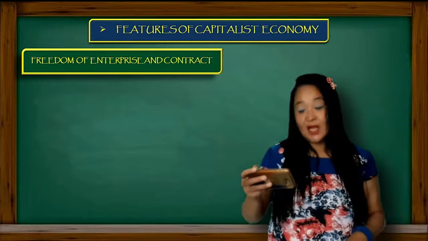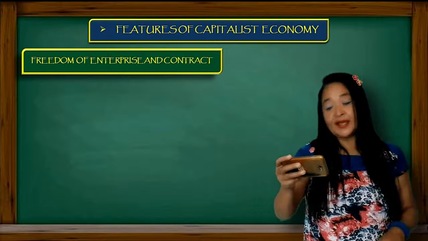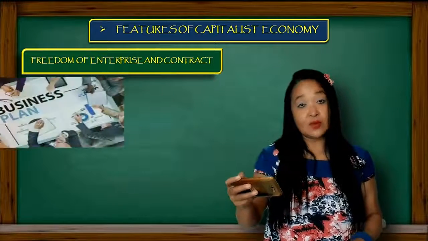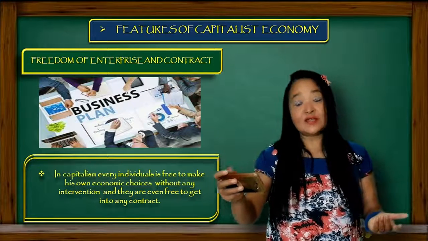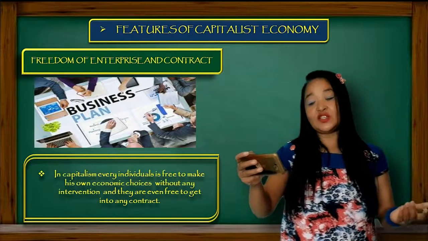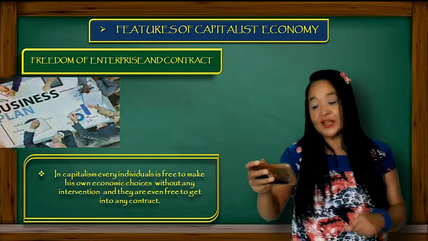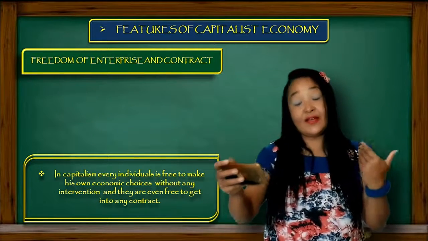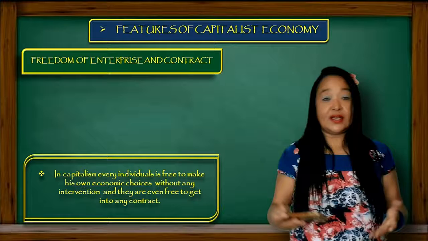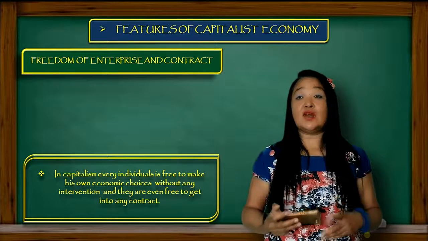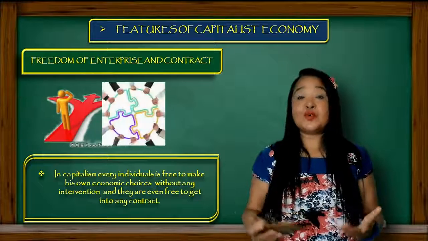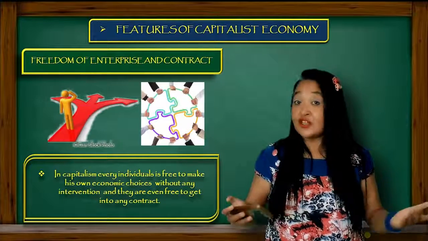The next point is freedom of enterprise and contract. What does this mean? In capitalism, every individual is free to make their own economic choices without any intervention, and they are even free to enter into any contract. It means that in a capitalistic economy, people have the freedom to choose any occupation or profession they like.